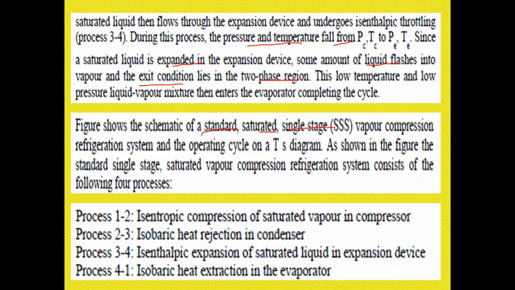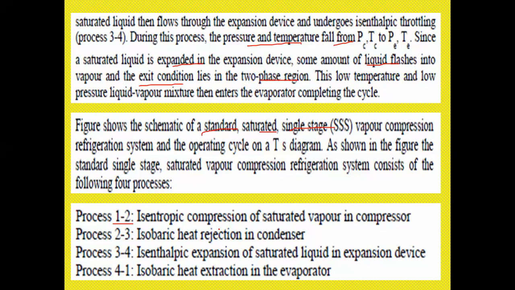Okay, what are the four processes? The first one is process 1 to 2, isentropic compression of saturated vapor in the compressor. Next, 2 to 3 is isobaric heat rejection in the condenser.